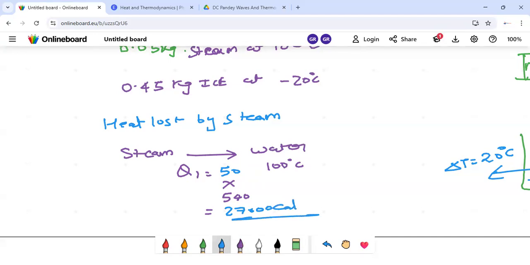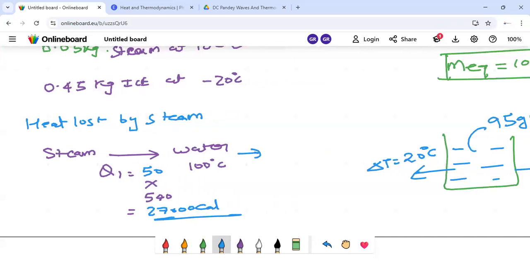And then water will come further down to water at 0 degree, and here also it will lose heat, which is 50 into 1 into 100. So this is also 5,000.